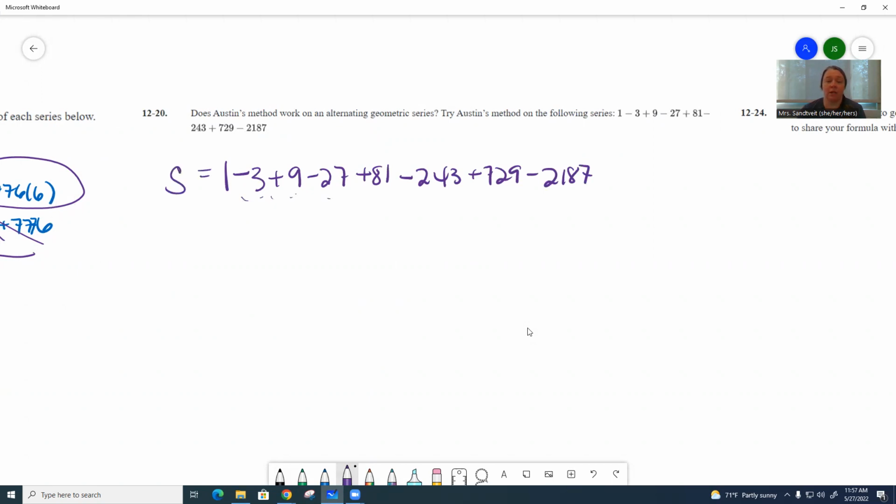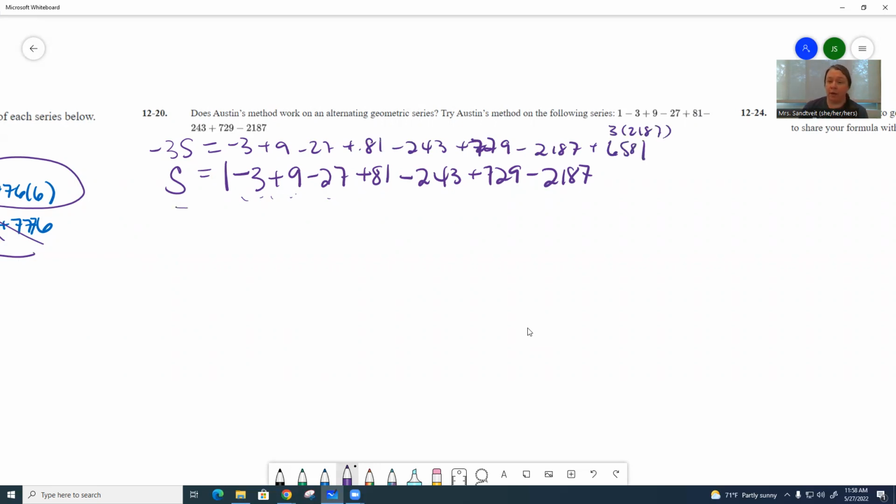So if this is equal to s, okay, then we're going to figure out what -3s is. So -3 plus 9 minus 27 plus 81. And then it would be minus 27 plus 81 minus 243 plus 729 minus 2187 plus, then it would be 3 times 2187, which is 6,561.